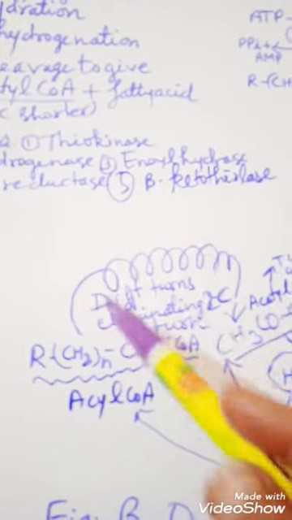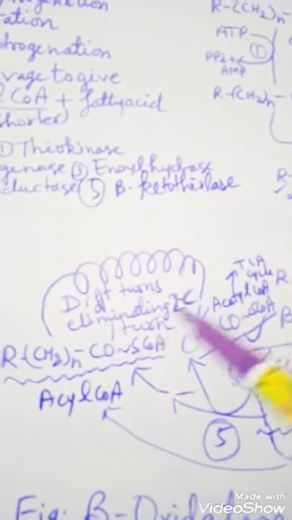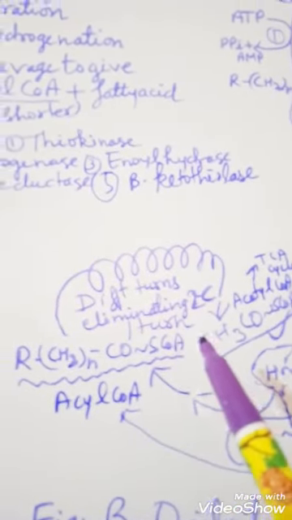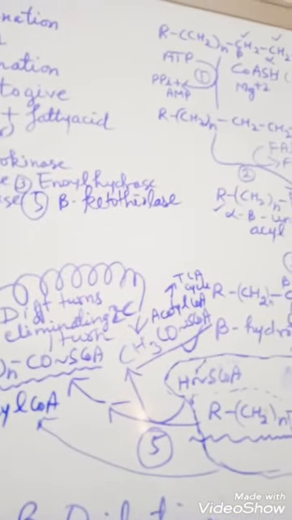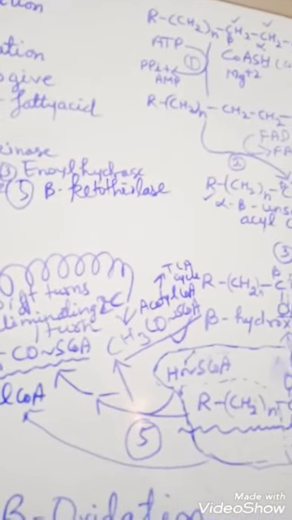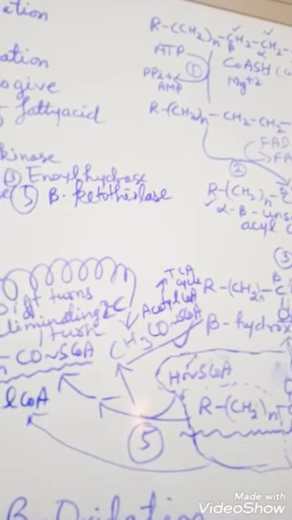This acyl coenzyme A again will undergo many spirals until the entire chain of the fatty acid is converted into acetyl coenzyme A. Now this acetyl coenzyme A will be utilized in the TCA cycle.